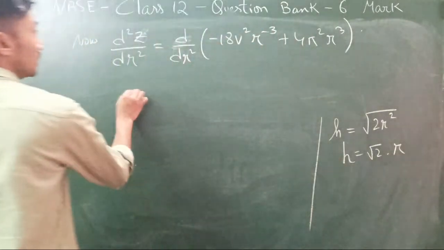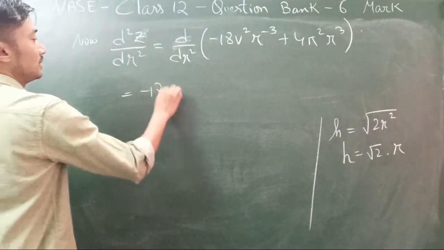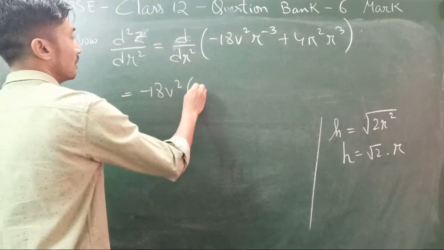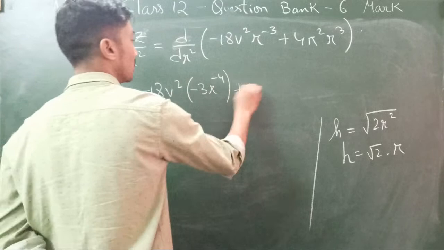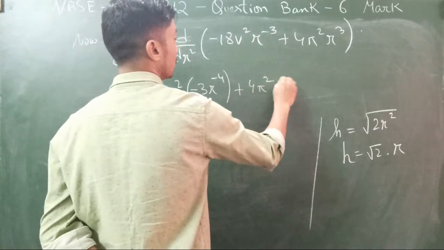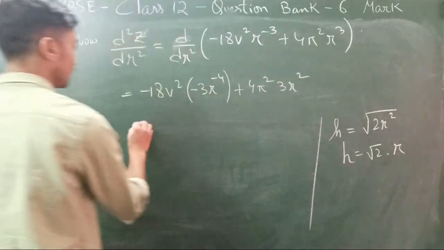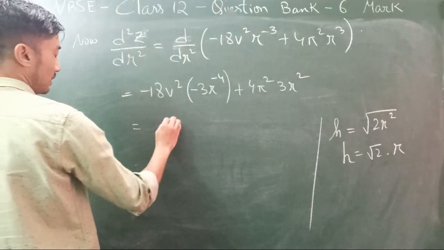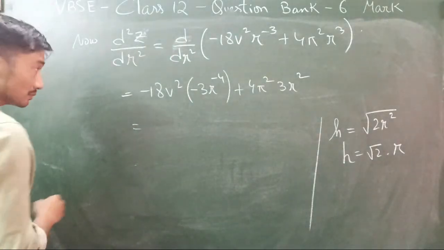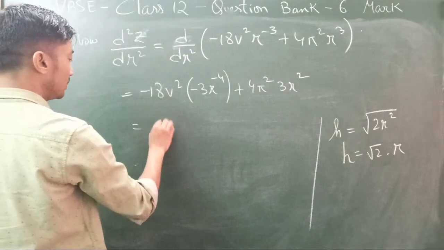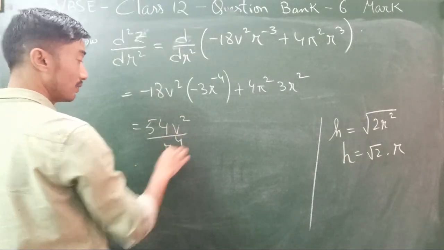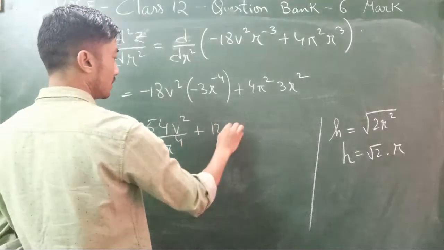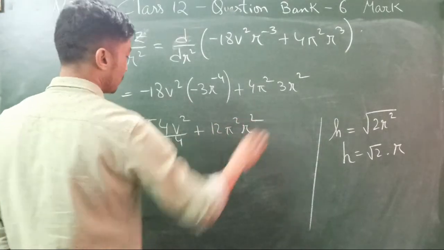So let's differentiate this once again. Minus 18 b square, minus 3 r power minus 4, plus 4 pi square 3 r square. So that's plus 3 into, how much? 3 8s are 24, 2 left 54 b square by r power 4 plus 12 pi square r square.